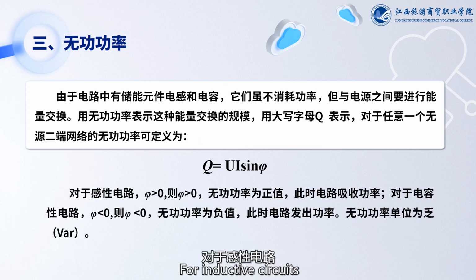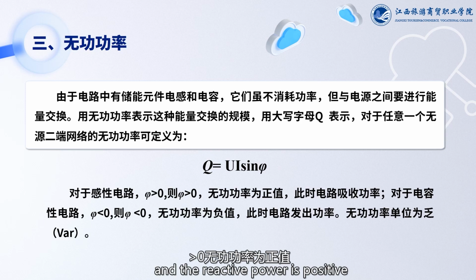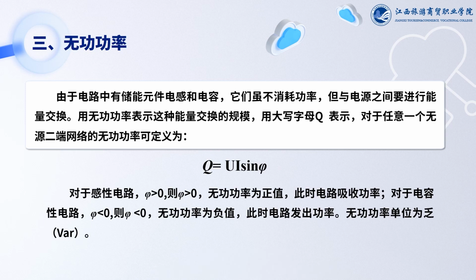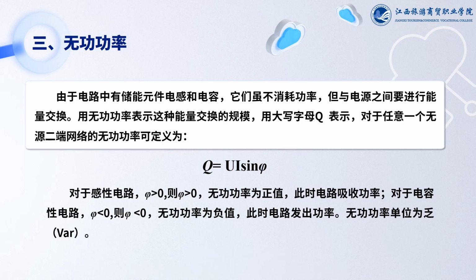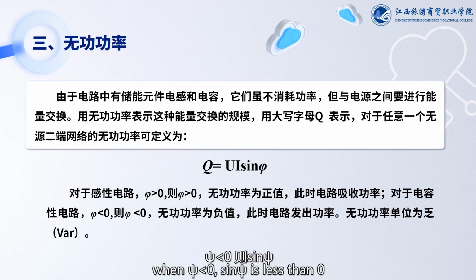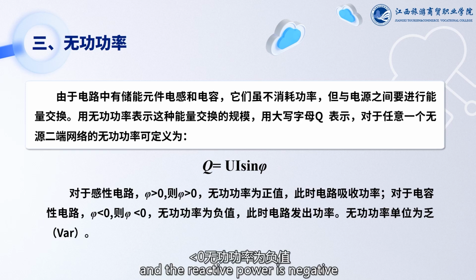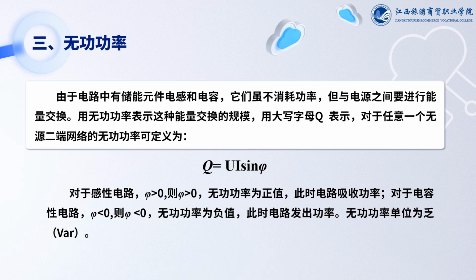For inductive circuits, when φ is greater than 0, sin φ is greater than 0, and the reactive power is positive. In this case, the circuit absorbs power. For capacitive circuits, when φ is less than 0, sin φ is less than 0, and the reactive power is negative.